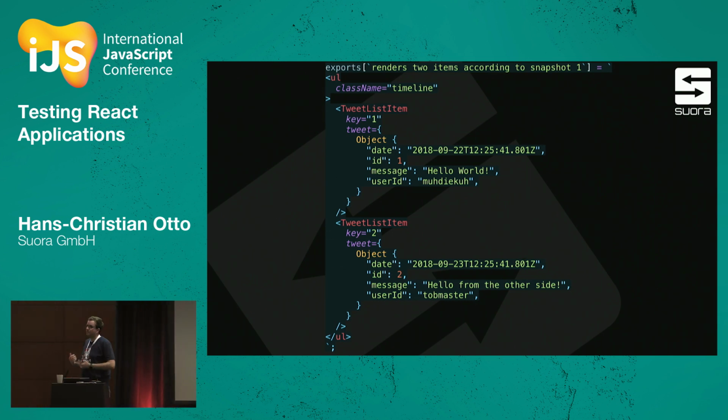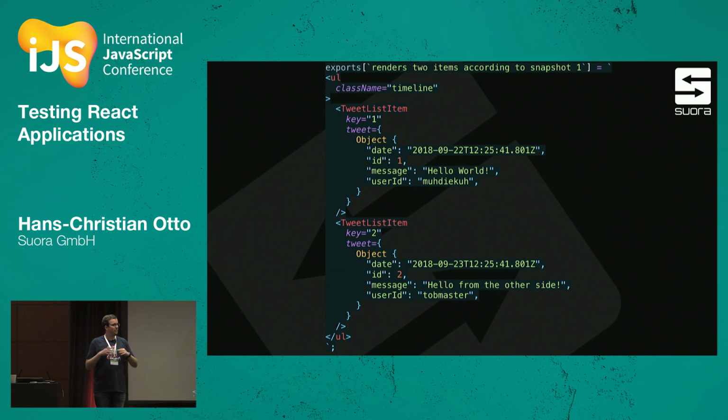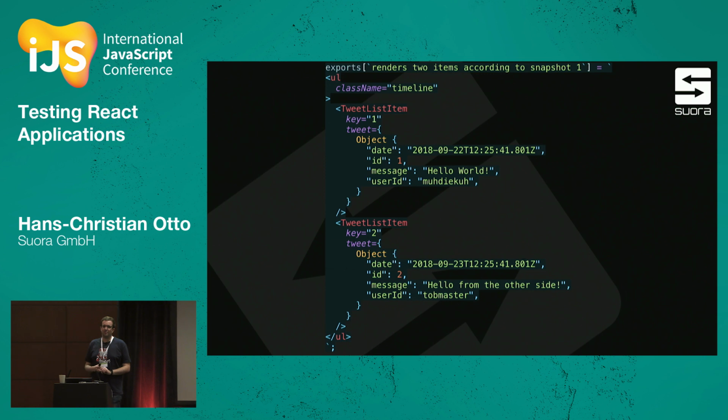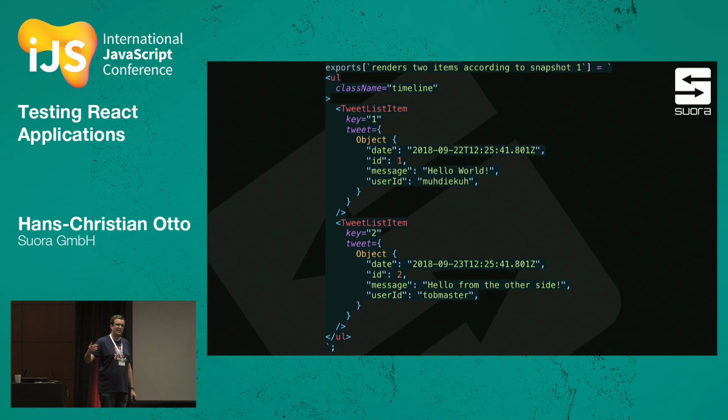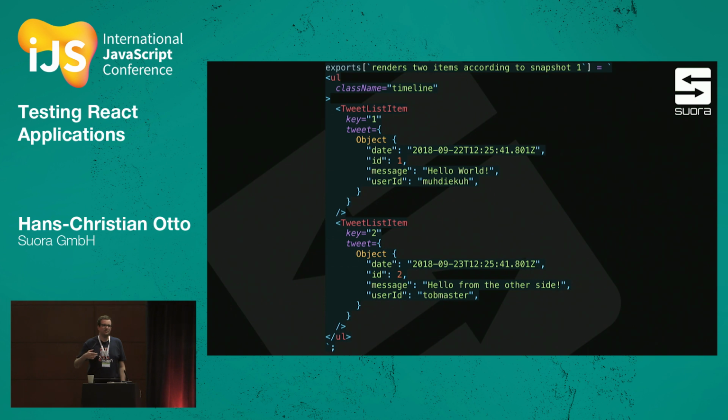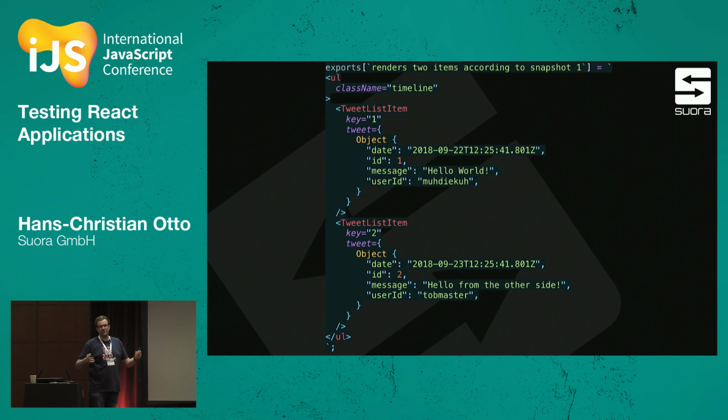There are, of course, alternative approaches, again, on how you could test this tweet list. For instance, we could do this inner HTML contains stuff again. But then again, we do have the problem that we do not verify the order of the elements. Then what I've seen quite often is that people write XPath or CSS selector expressions to fetch the tweet ID or user handle from the rendered list, and then convert it to an array of strings and make sure that this array of strings matches.